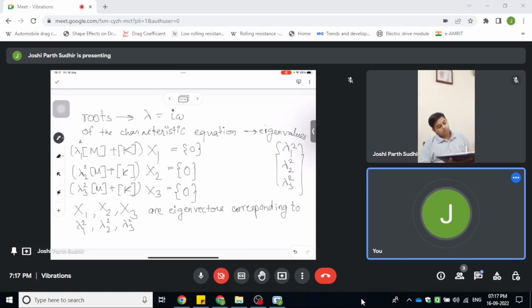So these are the eigenvalues. So if we solve for x1, x2 and x3 using these equations, we will get the values of the eigenvectors x1, x2 and x3.